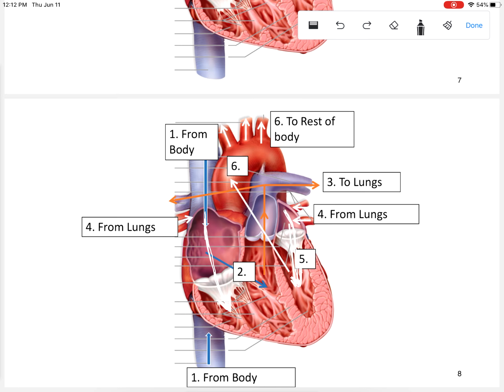I broke it down just so you could better understand how a single drop of blood is traced through the heart. But no, in actuality, both sides are working at the same time.